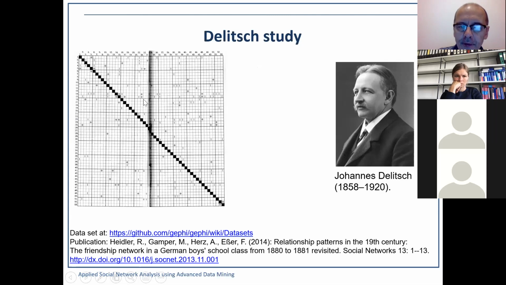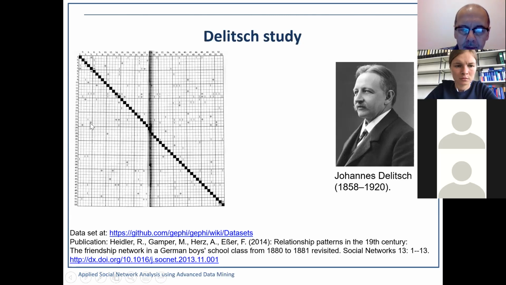And in the off-diagonal elements, Delitzsch mentioned the relation, the interaction between students. Of course, the diagonal is empty, because that would be the relation between a student and himself, because it's just a boys' school. And off-diagonal elements show how they related.